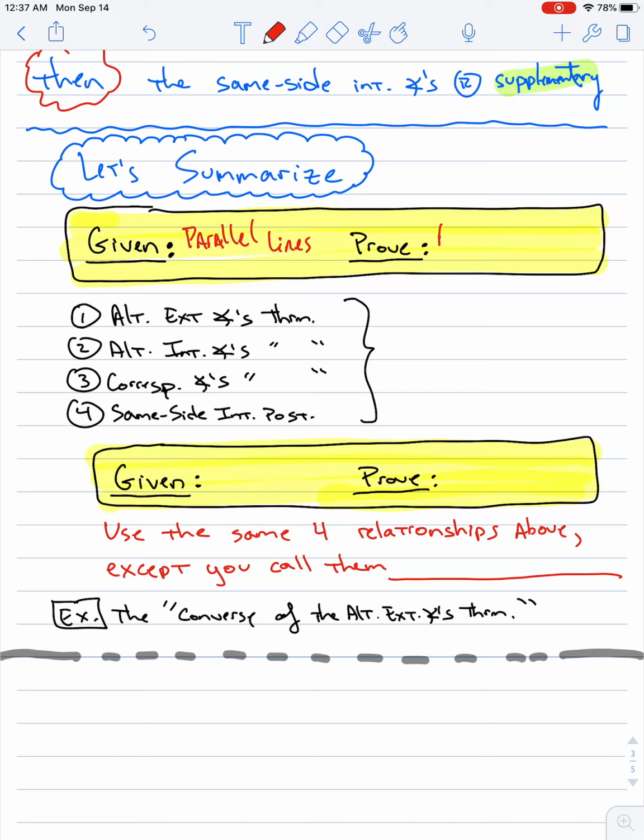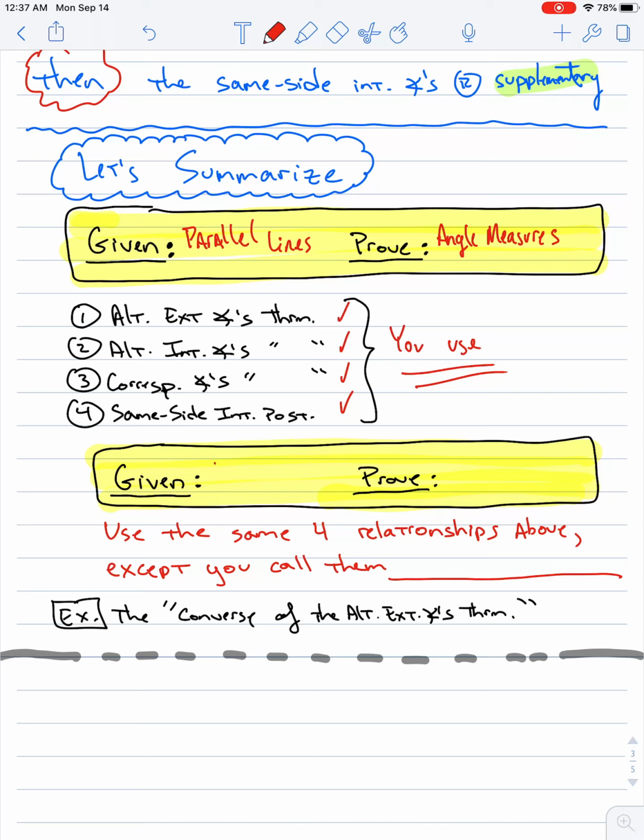And you're going to be asked to prove angle measures. If this is ever the premise of your proof, you're going to use these 4 properties. These are the 4 properties that you use to solve them.